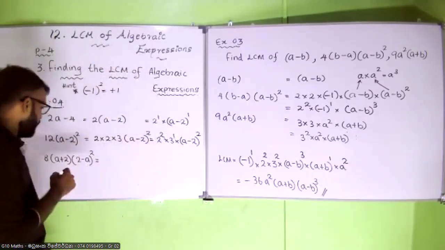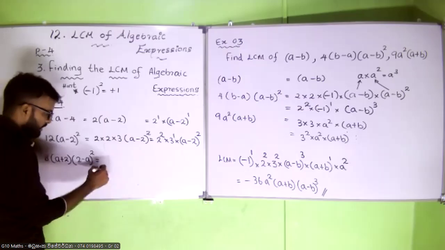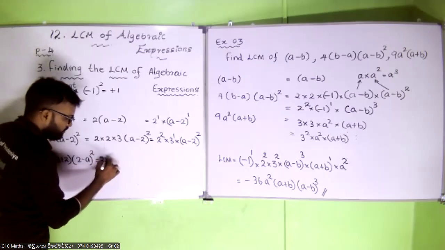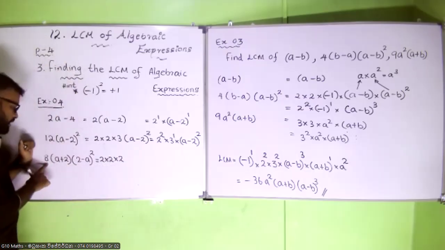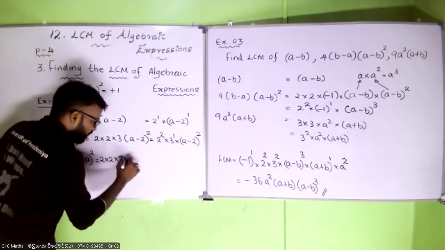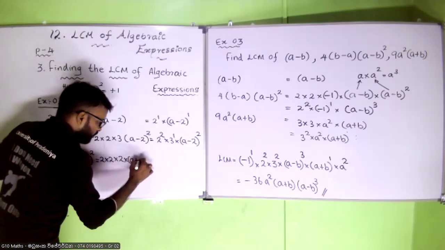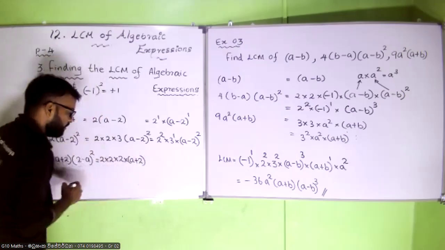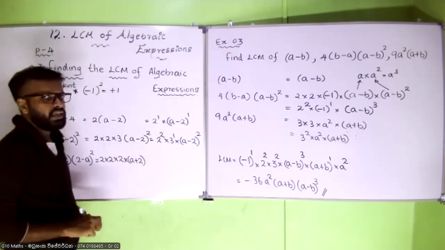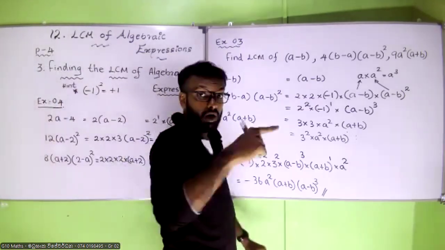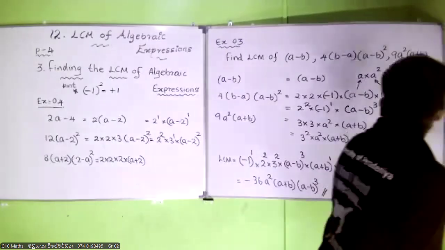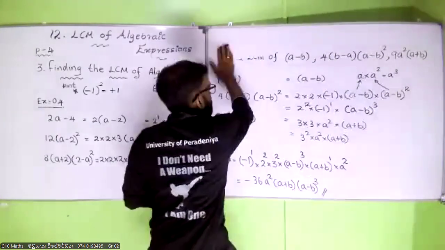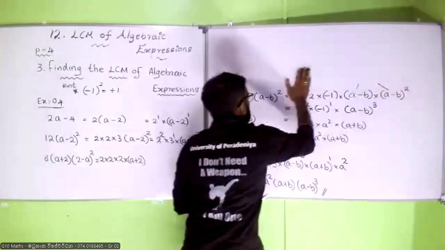Now when it comes here, you can write 8 as 2 times 2 times 2. Here you have multiplied by a plus 2. Done. 2 minus a. Keep your eyes on the board. I'll clear this part.